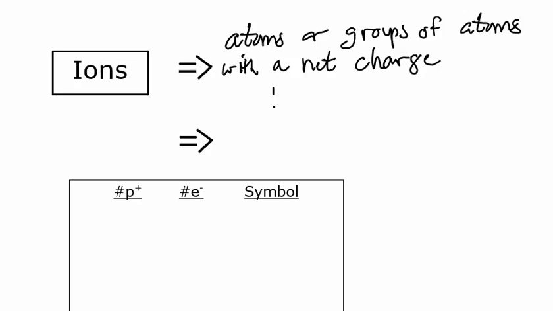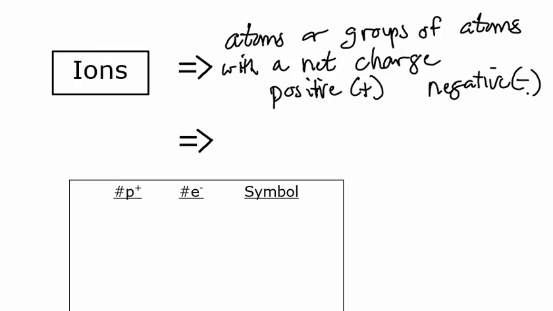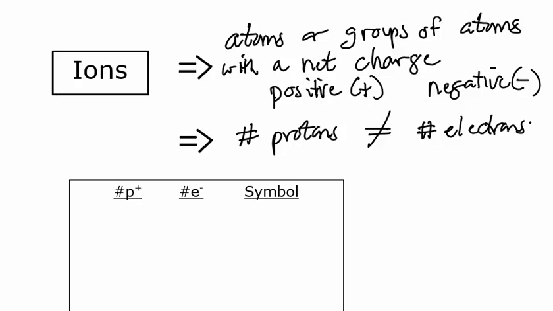This charge can be positive or it can be negative. And as you know, the positive charge comes from the protons in an atom, and the negative charge comes from the electrons. So in order to have a net charge, the number of protons must not be equal to the number of electrons, because if they were equal, you would have no net charge.